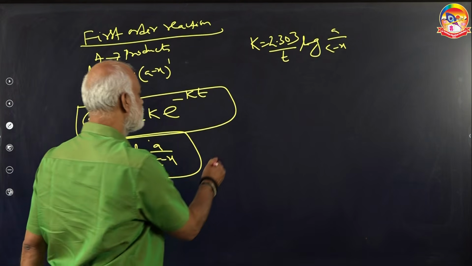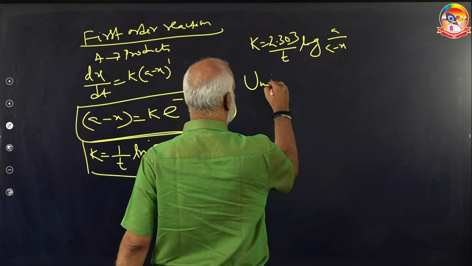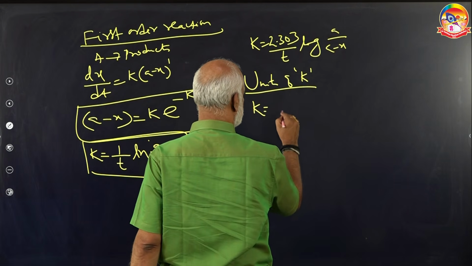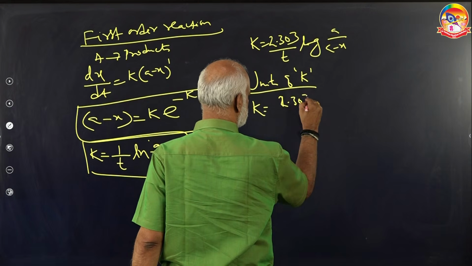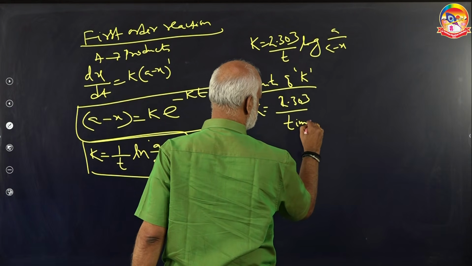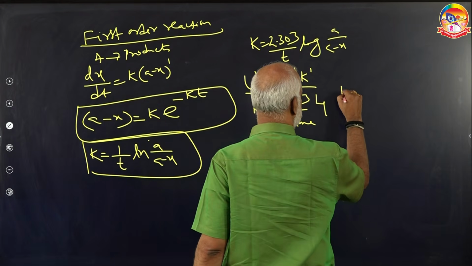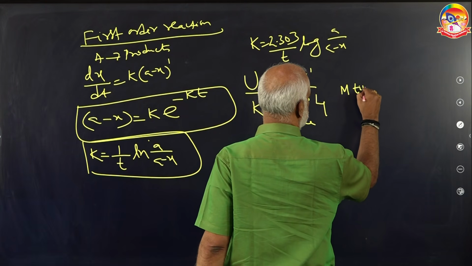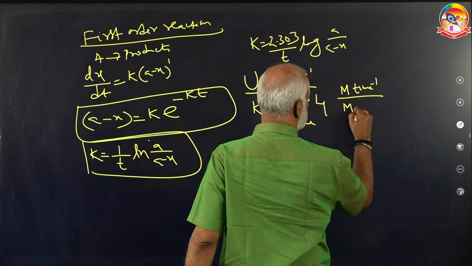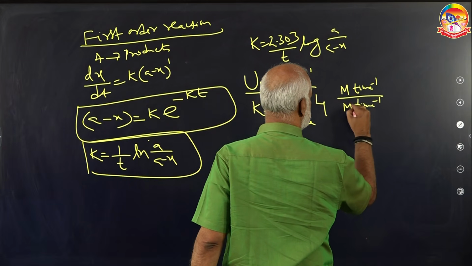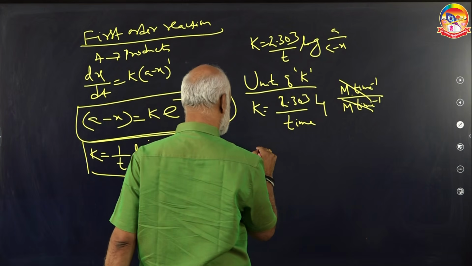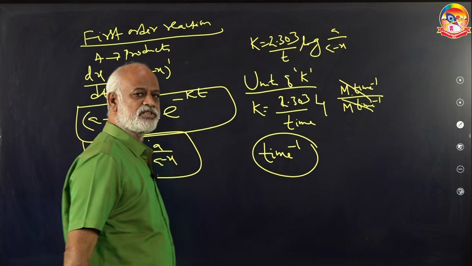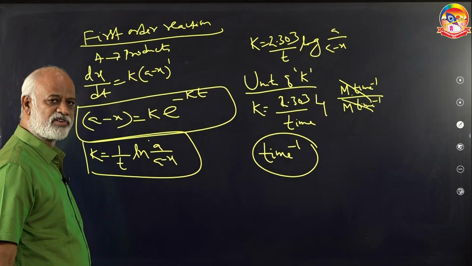Now tell me, what are the units of k? The rate constant of a first order reaction has units of time inverse.